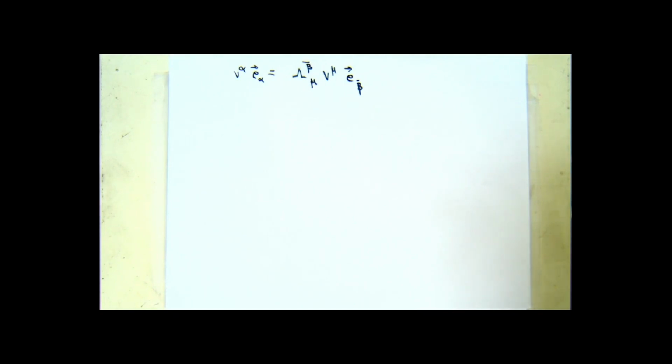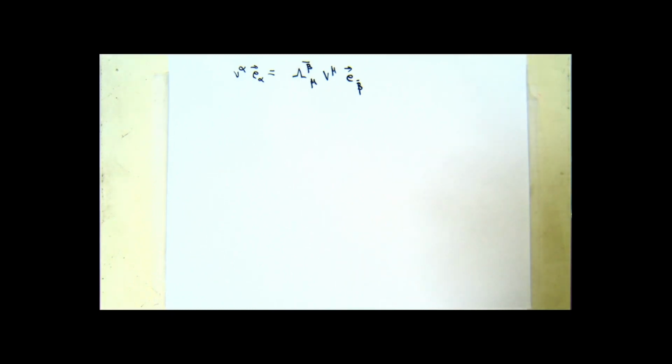The index of summation is alpha, an unbarred index. I can replace the letter alpha with any unbarred letter I feel like, and it doesn't make any difference since it's just an index of summation. Really, I should say any letter except V and E, because that would get confusing.